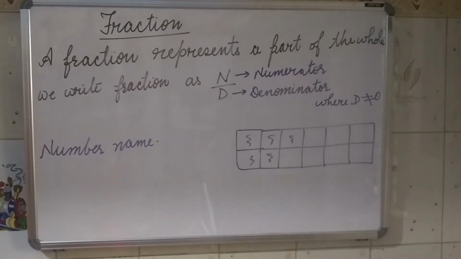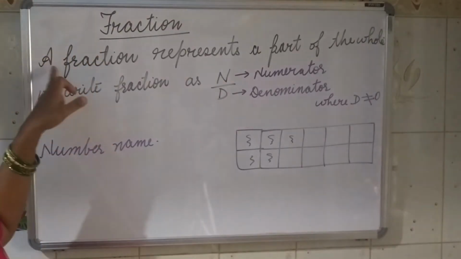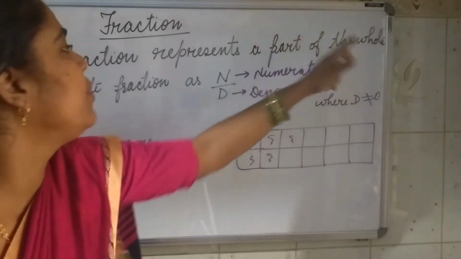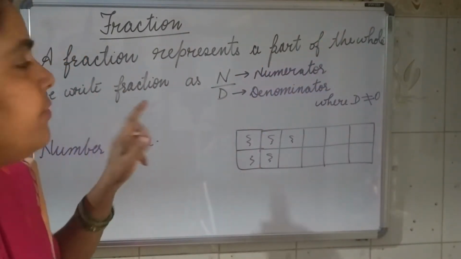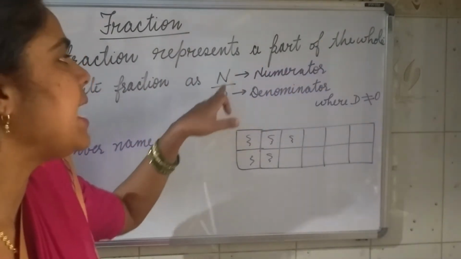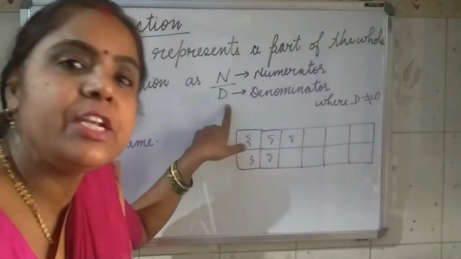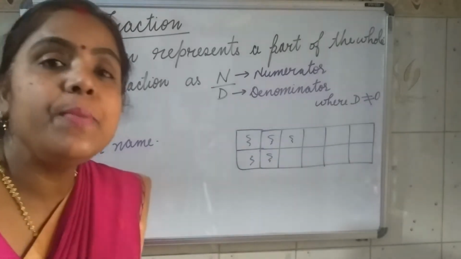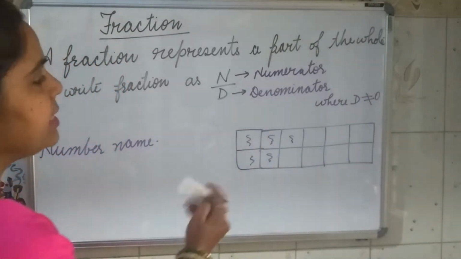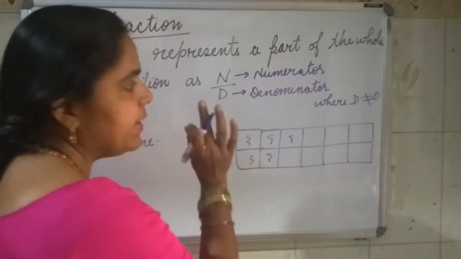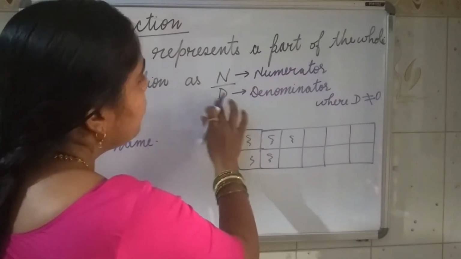So we can say that a fraction represents a part of a whole. And how do we write the fraction? We write the fraction as n upon d, where n is the numerator and d is the denominator. What is the denominator?